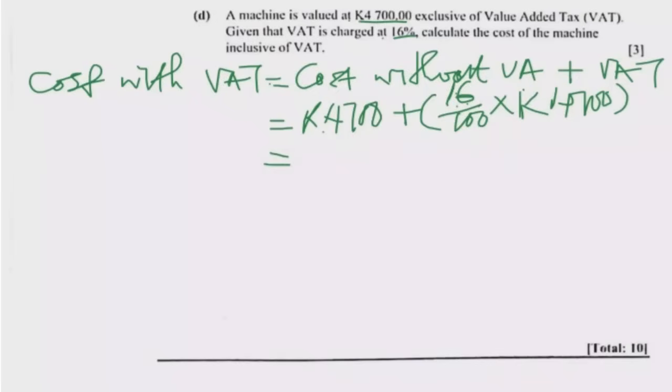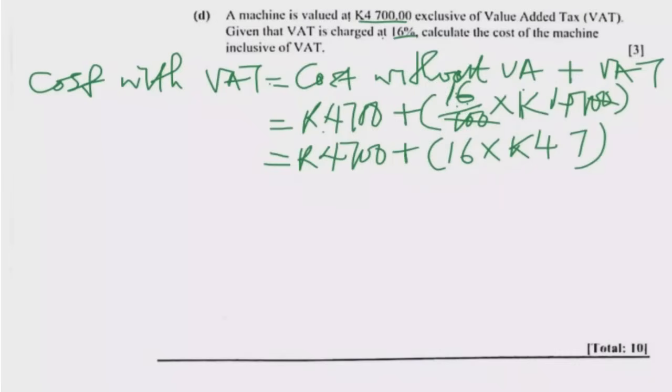Until we deal with the numbers in brackets, we shall continue writing 4,700 plus. So we cancel the zeros down here and the zeros here. So here we remain with the 47, there we remain with the 16. So we put in bracket 16 times 47.